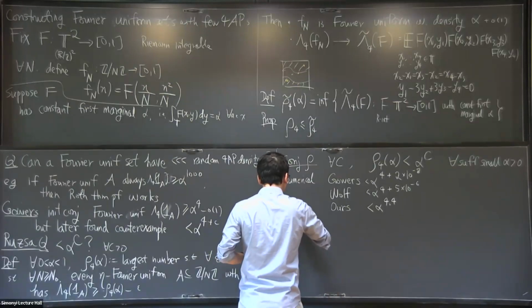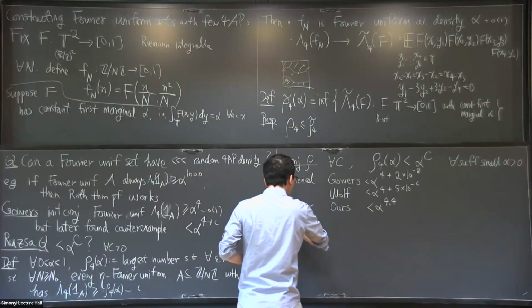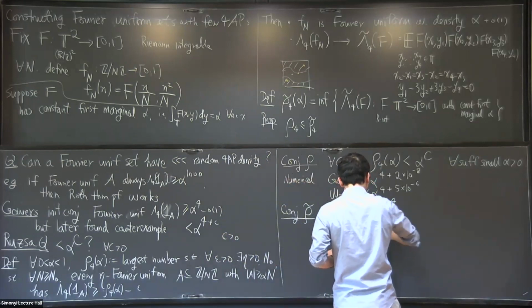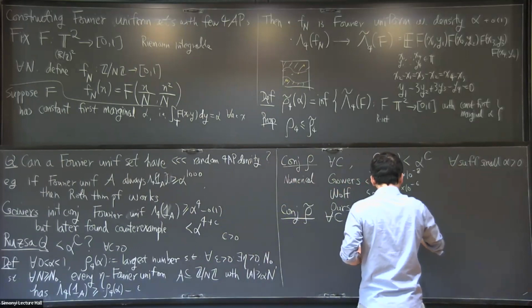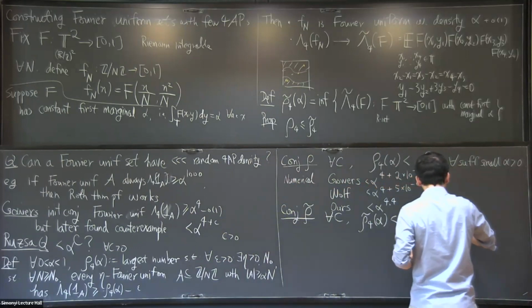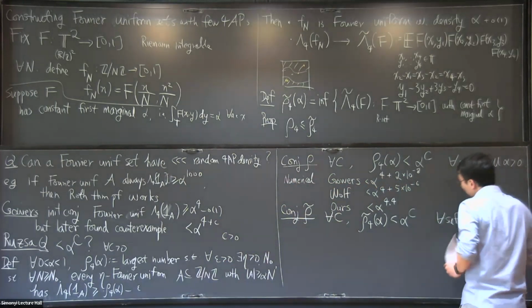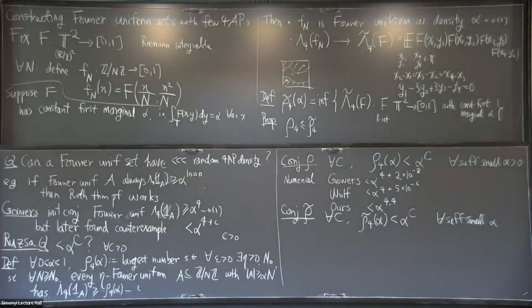Let me also make a conjecture, which we'll call conjecture rho tilde, which is that for every C, rho tilde sub 4 of alpha is less than alpha to the C for sufficiently small alpha. This goes to 0 faster than any polynomial. So that's also a conjecture on a similar theme that we can make.